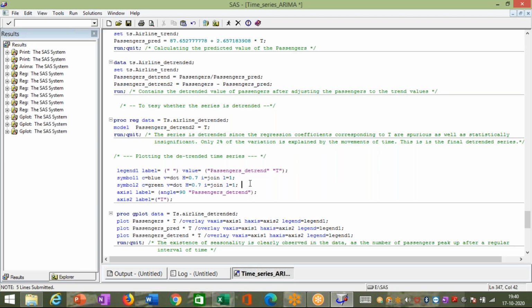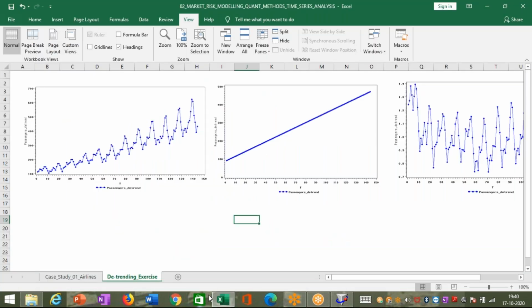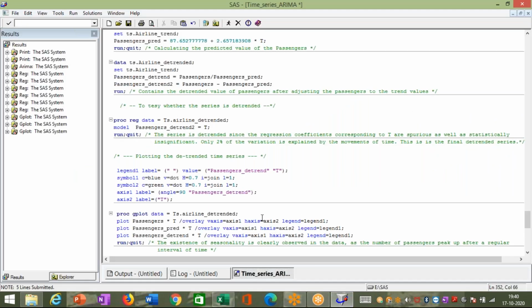So any questions up to this point, Padmini, on this detrending exercise? Perfect. So now the series, we have already removed all kinds of trend components from the series.